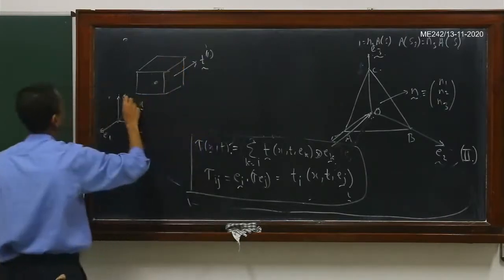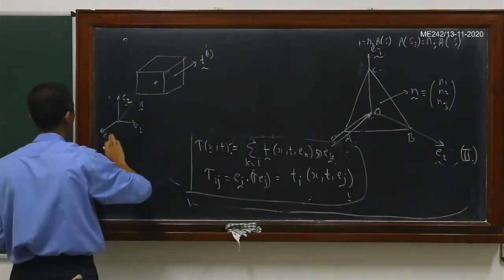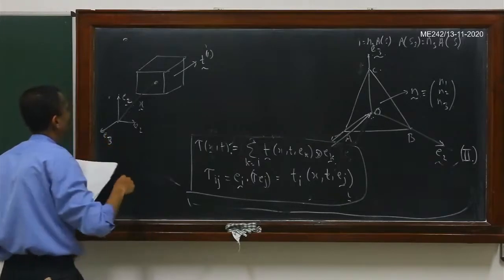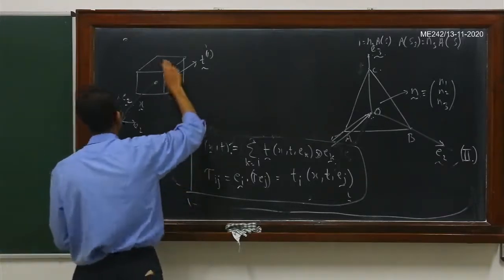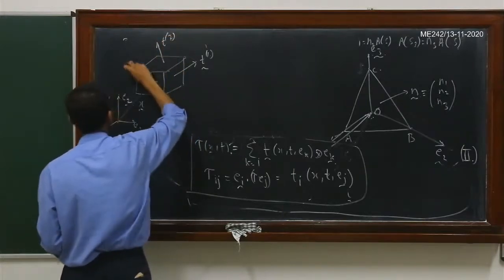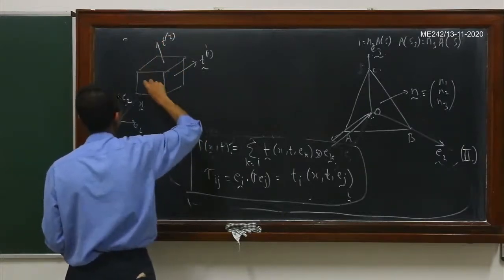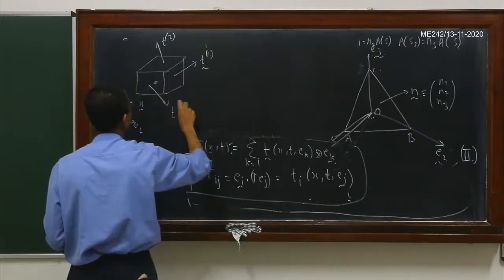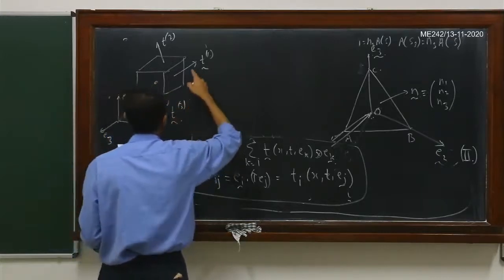Let me just change this, I am calling this e2, and let me call this 3. Then the traction here is T2, and the traction acting on this particular face, let us call it T3. Okay, so this is the traction.